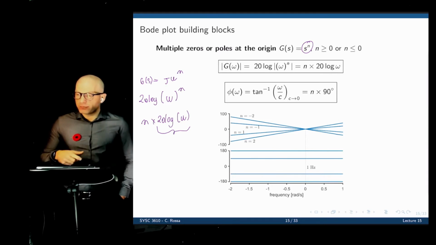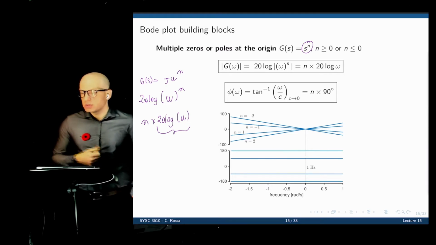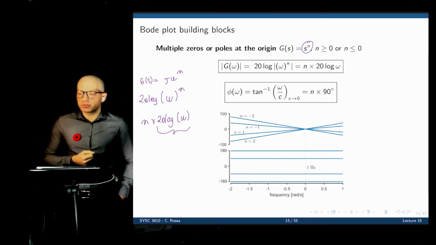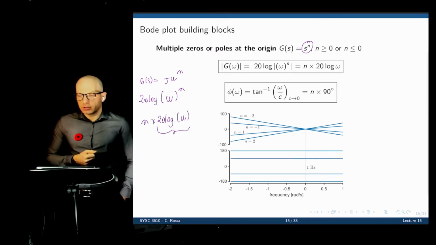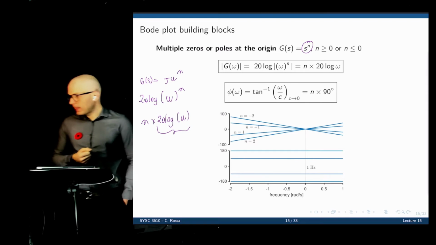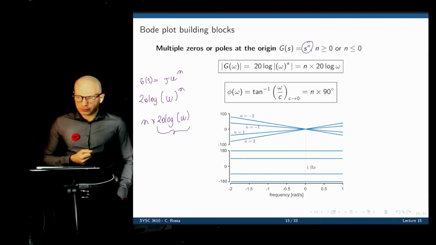This means now that we have the same as a pole or a zero multiplied by the degree of that function. So if we have 2 poles at the origin, the slope will be negative 40 decibels per decade. If we had 3 poles at the origin, the slope would be negative 60 dB per decade, and so on. If we have 4 zeros at the origin, what is the slope? 80.